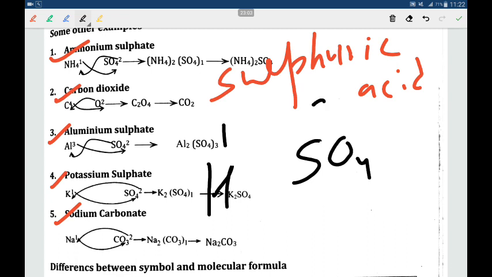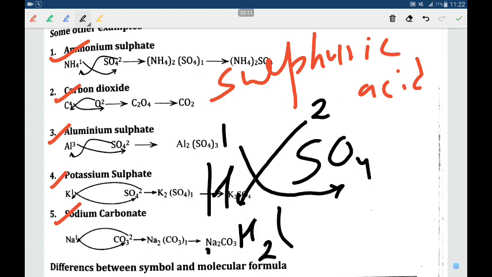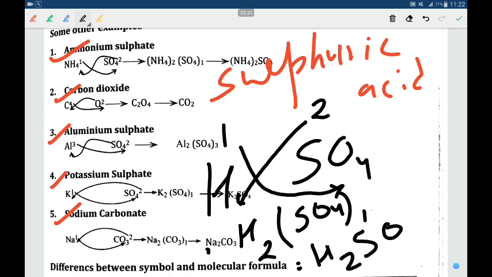SO4, 1 goes here, 2 goes here. H2, bracket SO4 whole 1. Now we can write here, this one we need to write, isn't it? H2SO4. Formula of sulfuric acid is H2SO4.